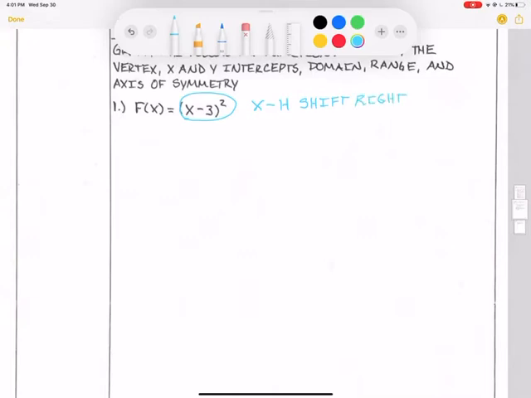And that means that if my original graph sits on the origin, my new graph, f of x equals x minus 3 squared, is going to shift it to the right 1, 2, 3 units. And that's where my new graph should be by the time I'm done with this. So let's go ahead and look at it.